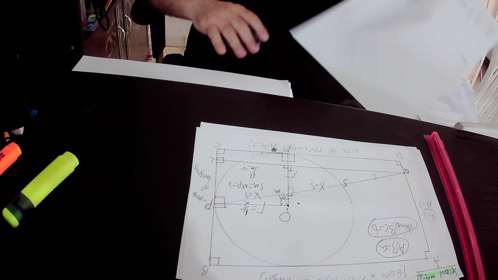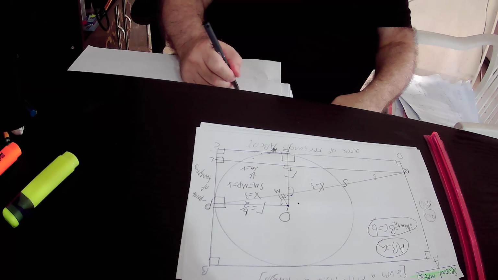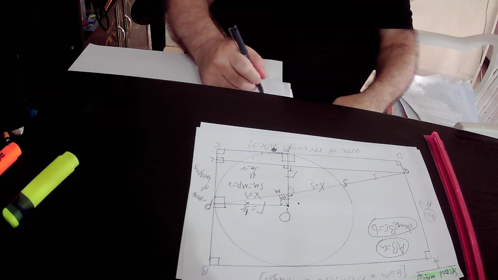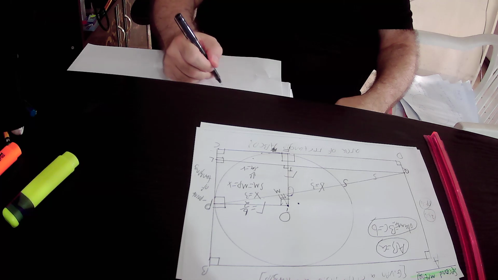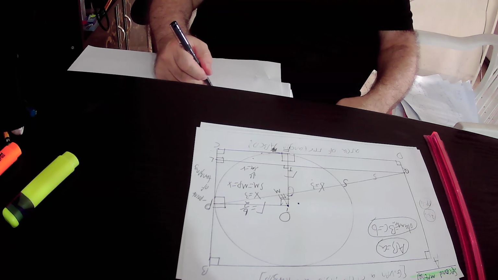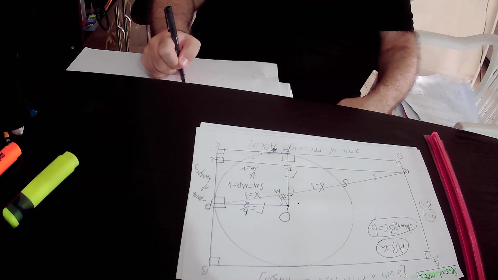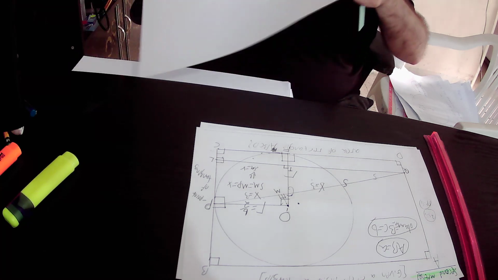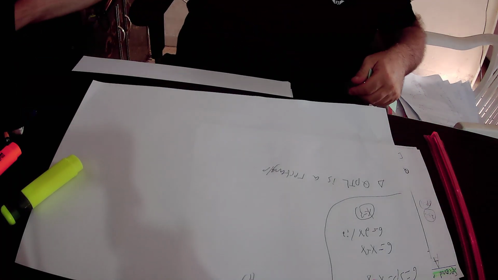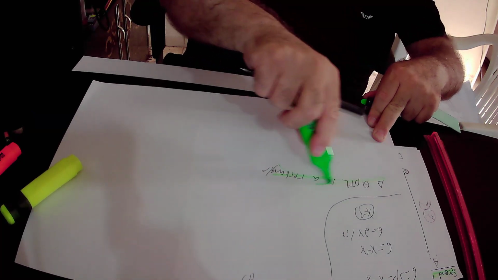So we will relate to quadrilateral QPTL as a rectangle. Why? Because it has 4 right angles. We'll repeat again, quadrilateral QPTL is a rectangle.